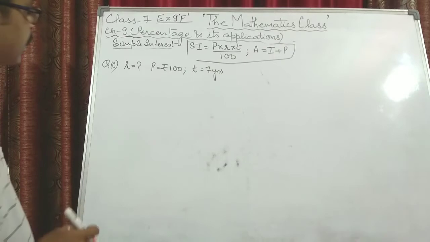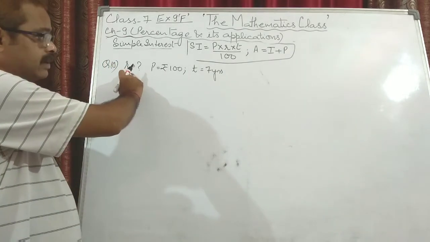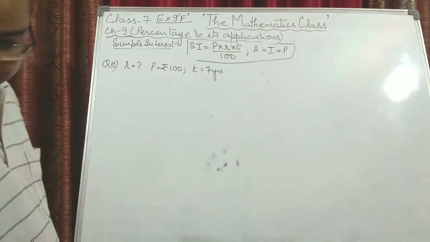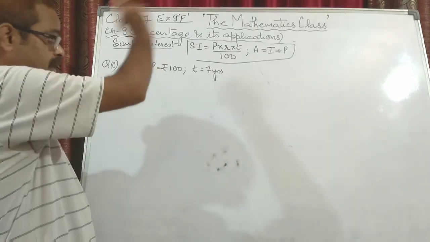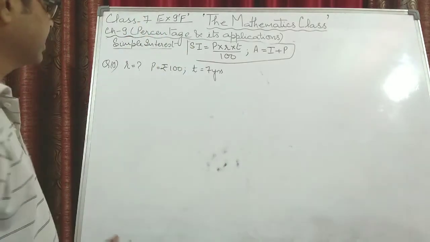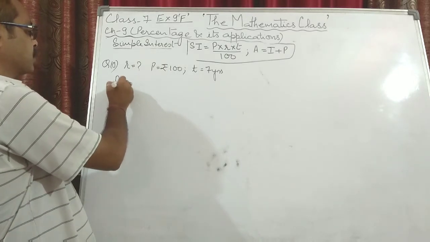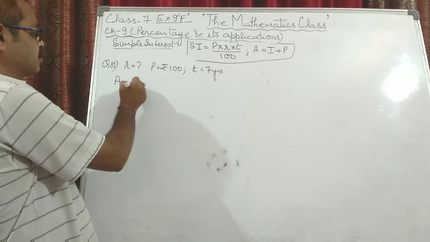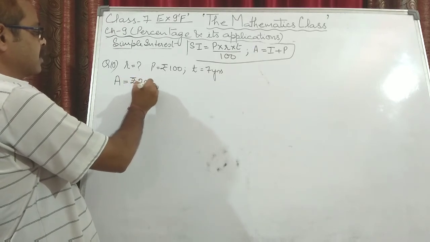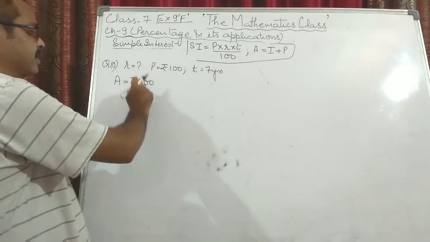Now question number 10 says, at what rate will rupees 100 double itself in 7 years? It means when it doubles itself, it converts to amount. So the amount is given to us as rupees 200, but it is hidden. Double of 100 is 200.